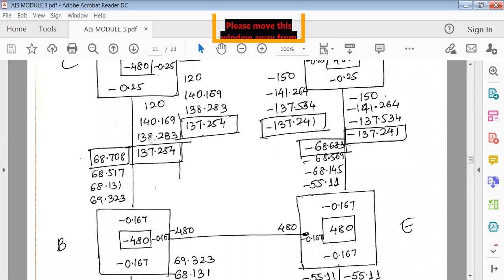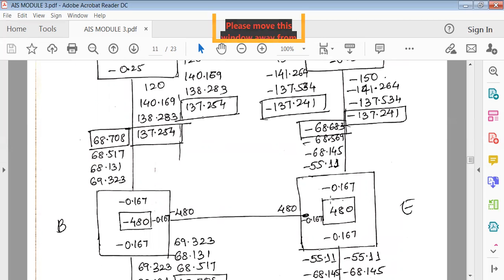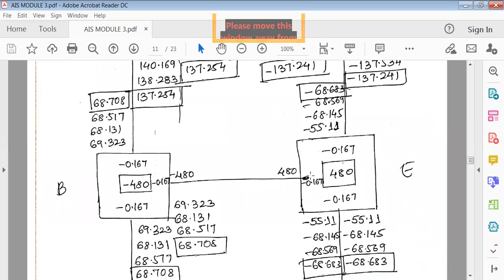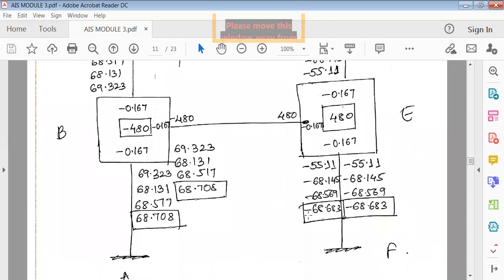Here also 138, 137, and here also the same, 137. The difference is the same, so here 68, 68, no much change. Now this is the time where you need to stop. In Kani's method, most of the time within 4 steps you get the answer, so at the fourth step you can stop.